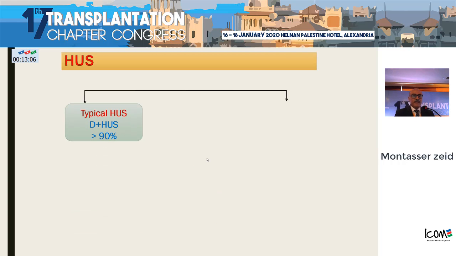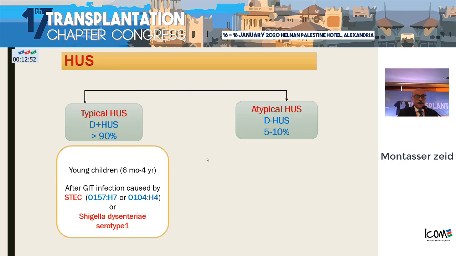We have two main types of hemolytic uremic syndrome. The typical hemolytic uremic syndrome, diarrhea associated, is present in 90% of cases, and the atypical hemolytic uremic syndrome, diarrhea negative, in 5 to 10% of cases.